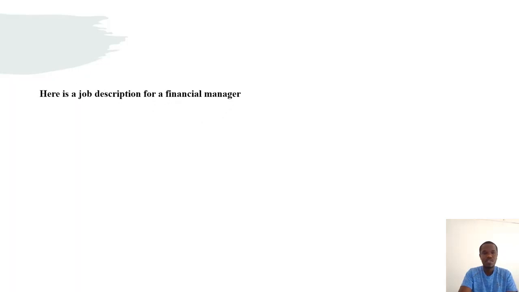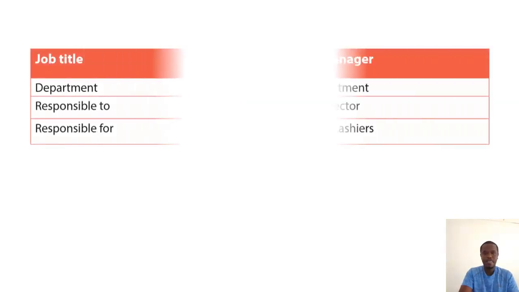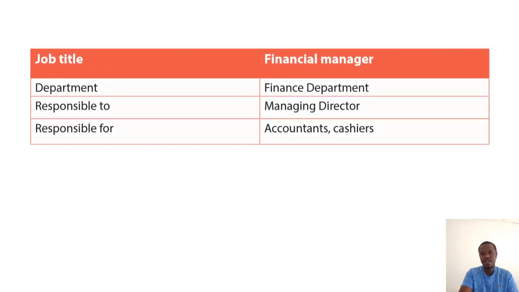Here we are going to see an example of a job description for a financial manager. It's just an example, but you can have so many job descriptions for different employees. For this financial manager, you can see we have the job title.